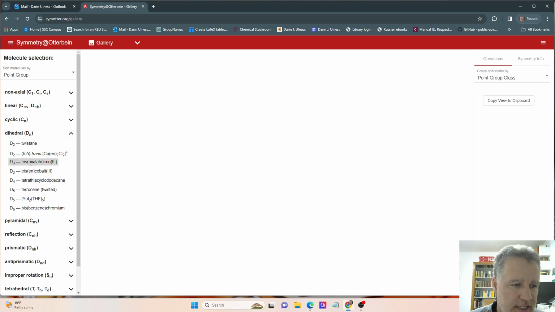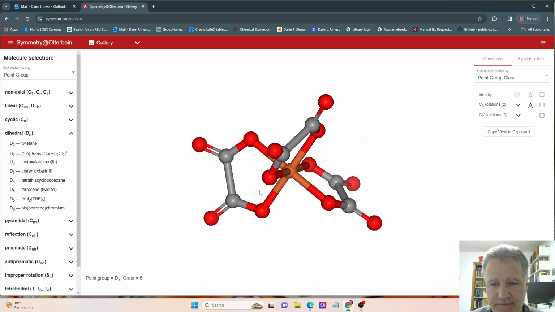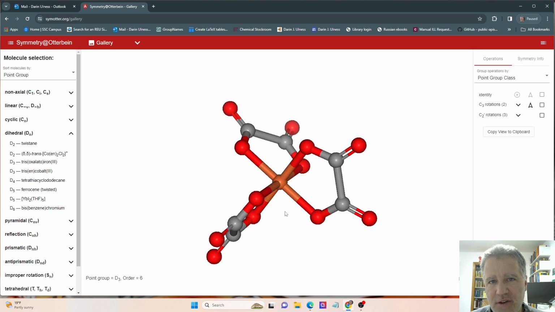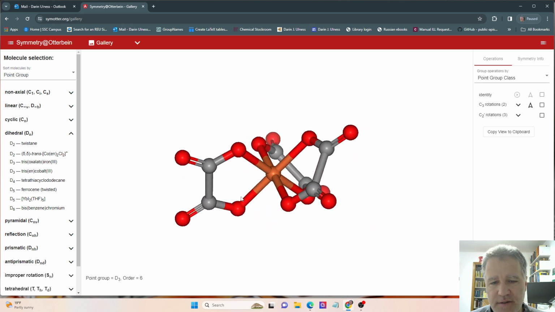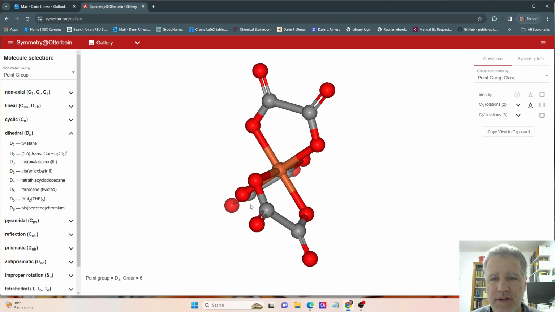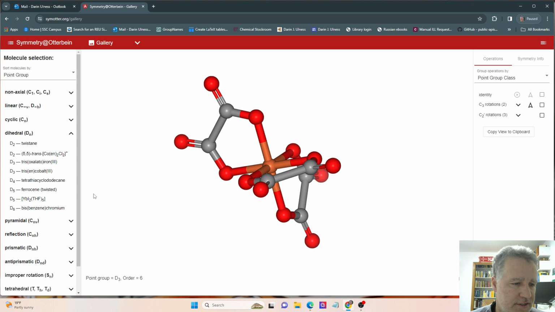So let's do a D3. And then that will pop up on the screen, and you can rotate it with your mouse. Not quite like holding it in your hand, but it gives you a chance to get a little bit of 3D help. And of course, this is free and quick, so a good chance to do that.